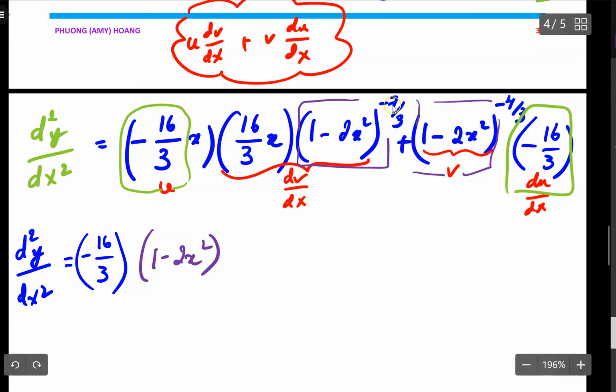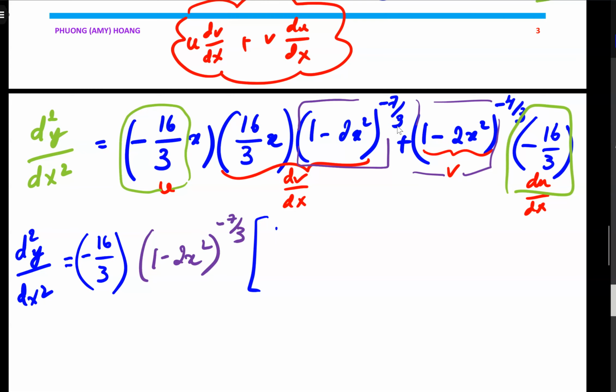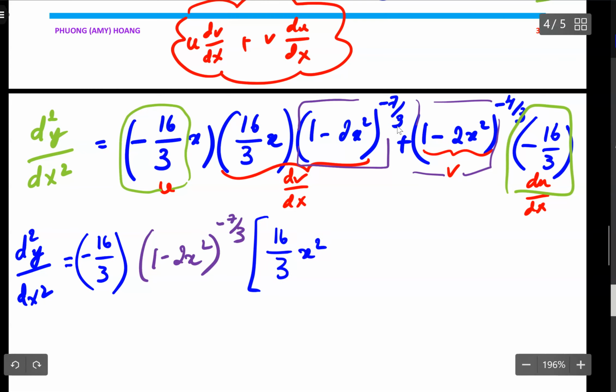So you have negative 7/3 and negative 4/3. The lower number should be negative 7/3. So you always pull out the one with the lower exponent. So what you have inside the bracket is you are left with 16/3x squared. Okay, you already pulled the negative 7/3 exponent of 1 minus 2x squared outside of the bracket, so you don't have any left.